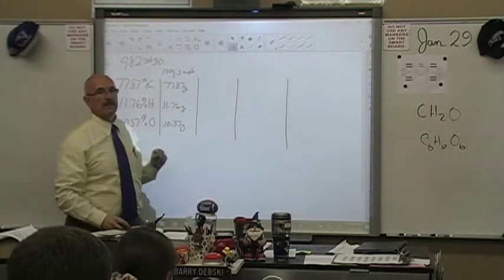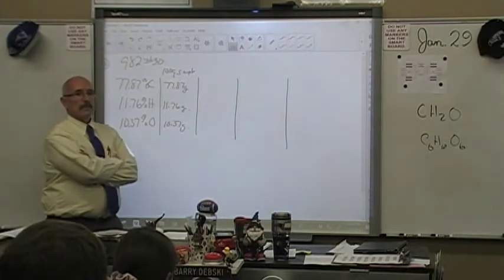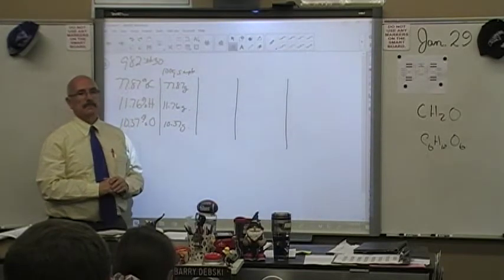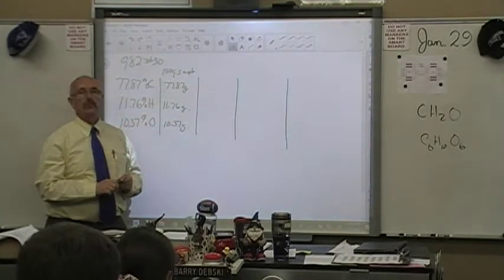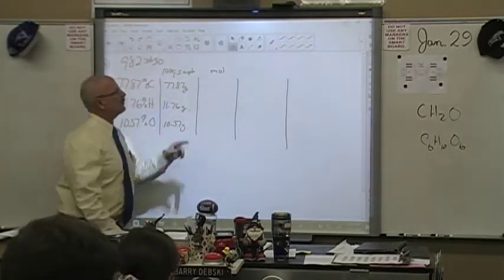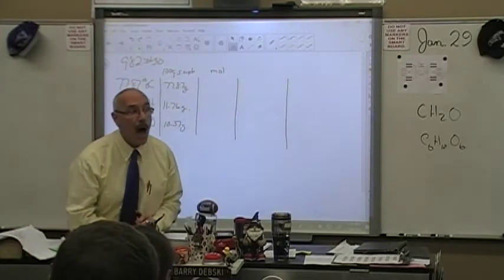What's the next step? Triana, what do we need to do next? Change these numbers into what? Moles. Yep. So my next column, I'm going to say moles. In order to get from grams to moles, we need to use a conversion factor called the, Kristen?